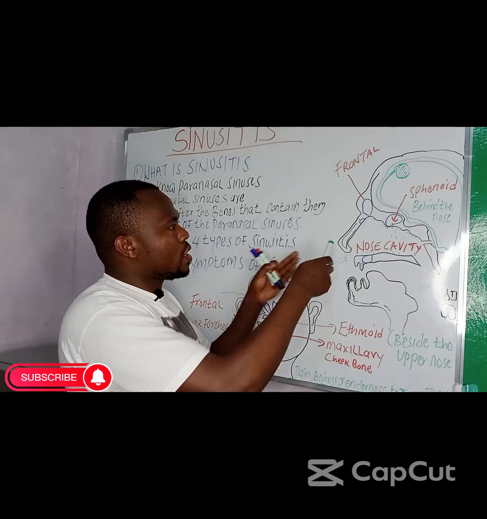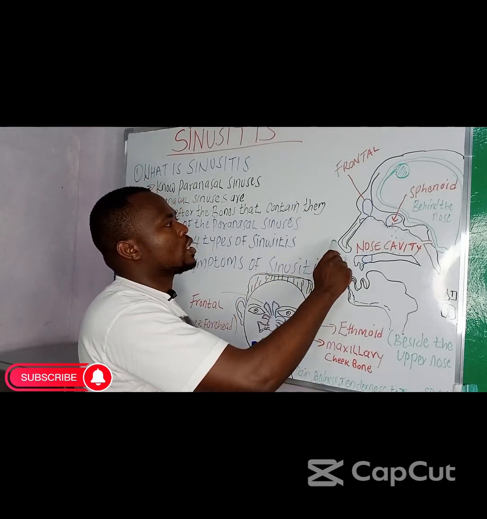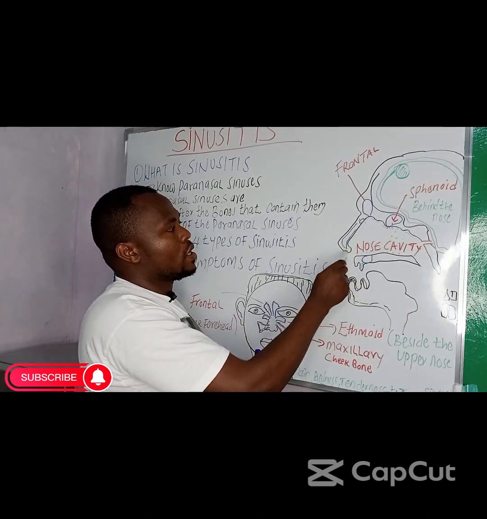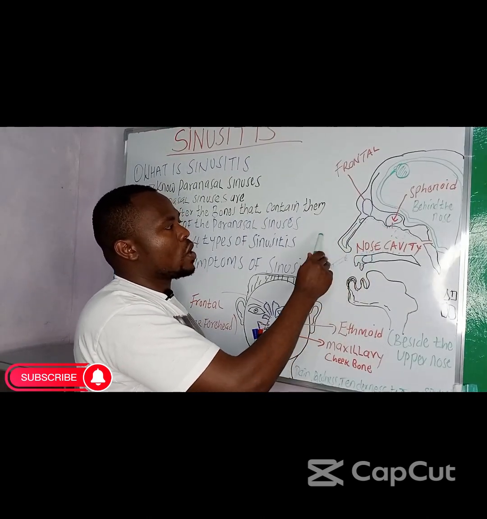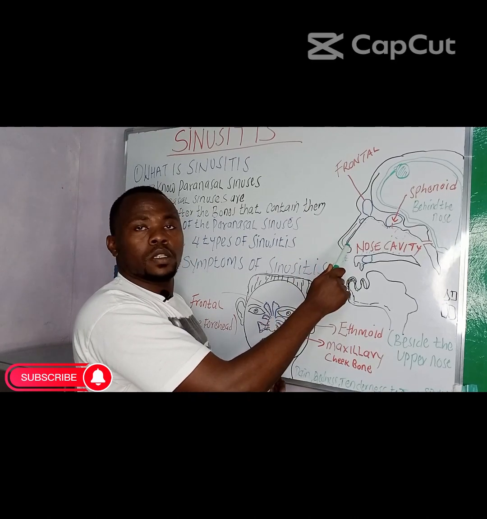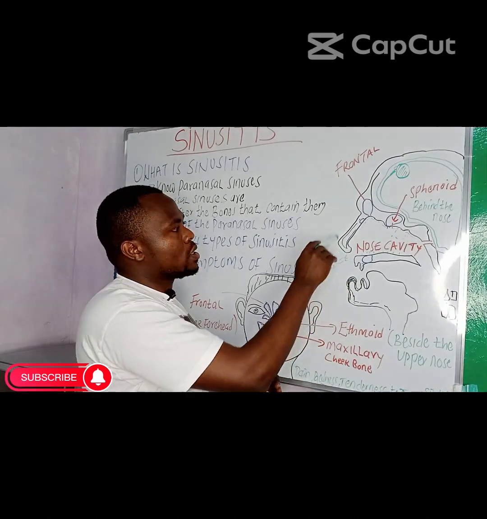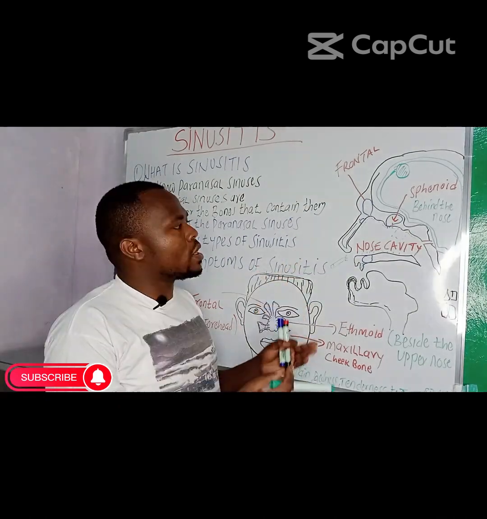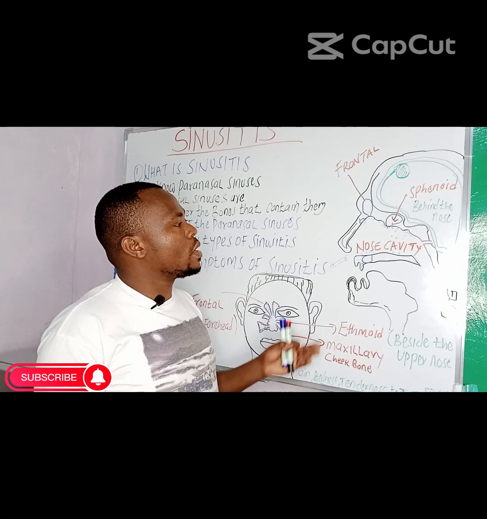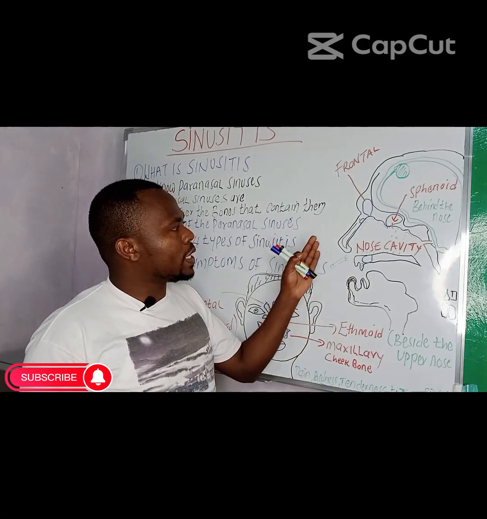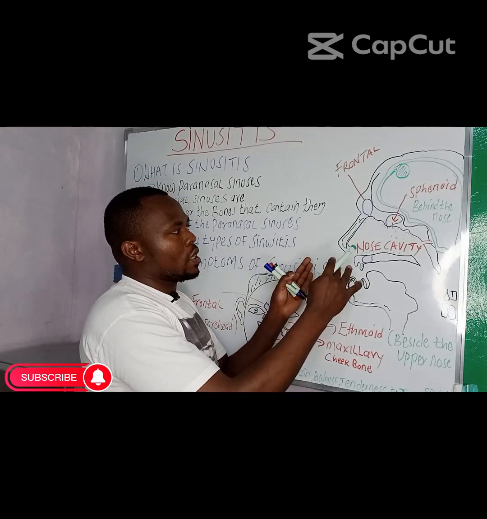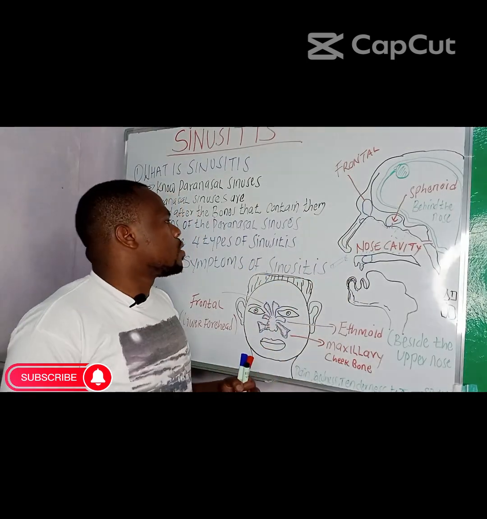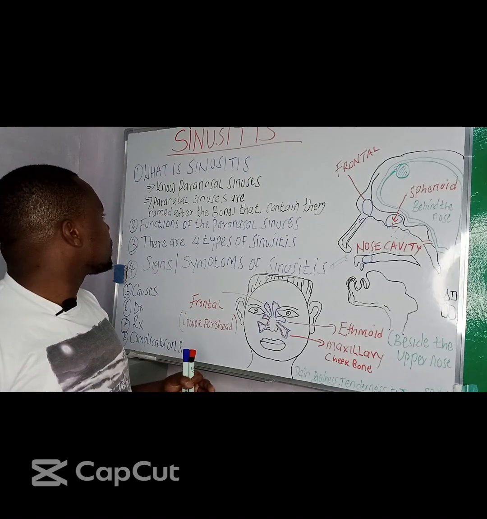So these sinuses make this front part of the skull weak. In case you have a very severe or blunt face trauma, these bones will absorb the force of the impact by getting damaged, so that your brain might not get injured.